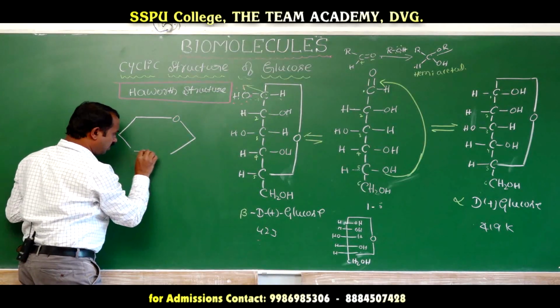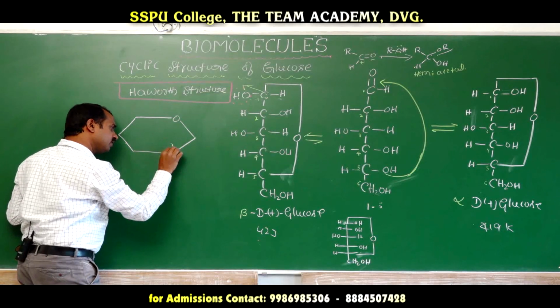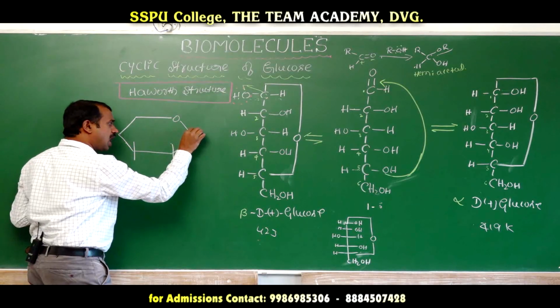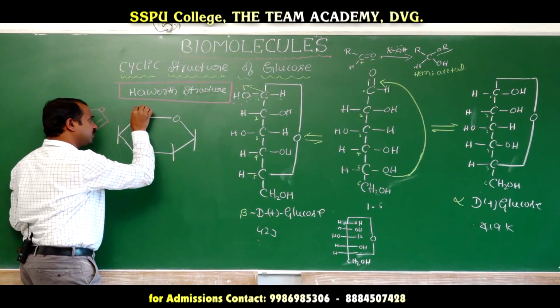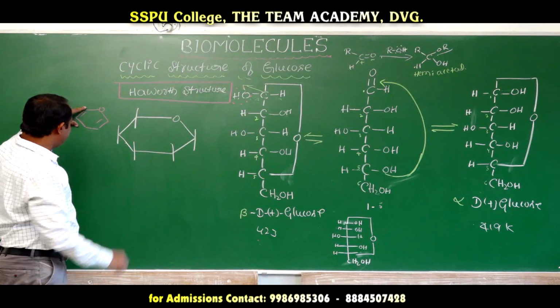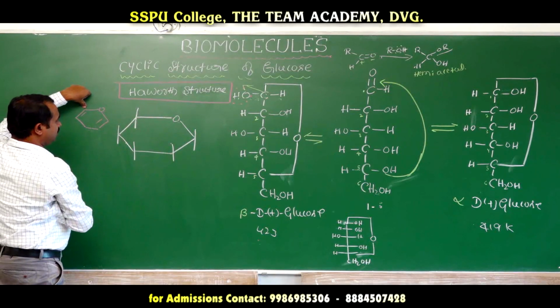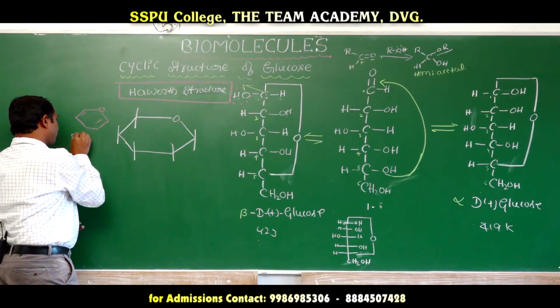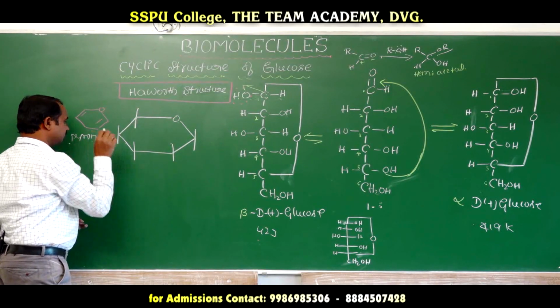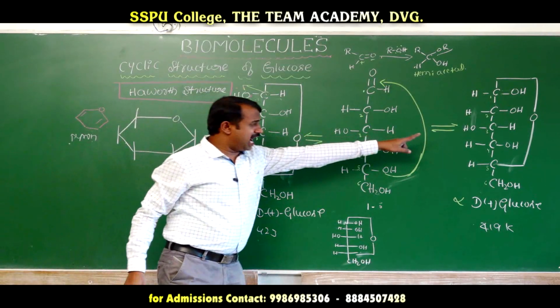They will ask one-mark questions: write the structure of glucose, alpha glucose and beta glucose. Listen here. This is a pyran. Even so, it is the same, an oxygen derivative. Now coming to glucose, alpha glucose and beta glucose.